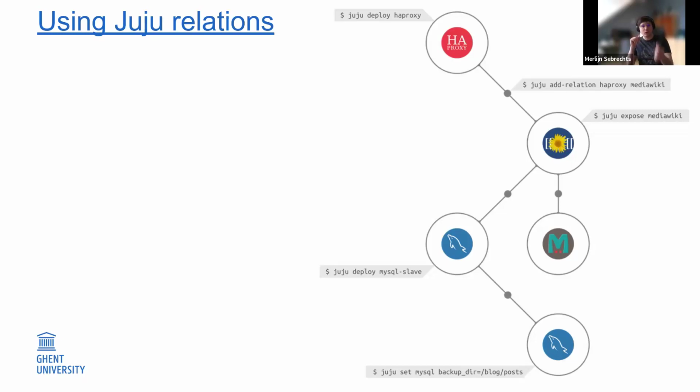You just deploy HAProxy, which is a reverse proxy, and you explain in your model that you want to add a relationship between HAProxy and this Wikipedia instance. And then they will both reconfigure themselves in order to use HAProxy as the reverse proxy for this Wikipedia instance.